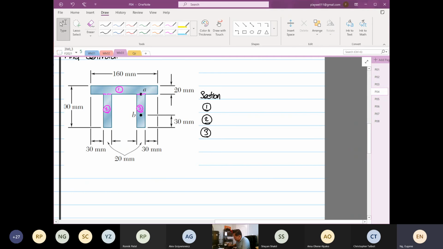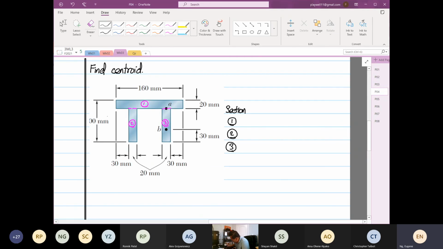Now, what we want to determine is where is our ZZ axis, right? So we want to find IZZ, relative to the ZZ axis.